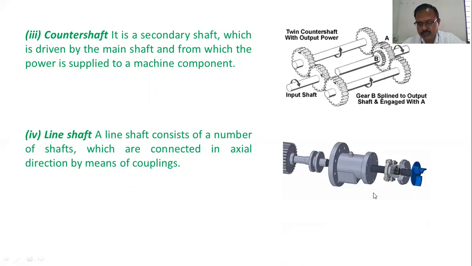There will be an electric motor which will be driving the main shaft, and the other shafts will be in line with the main shaft, connected by means of couplings. So these are called line shafts. So we have seen a shaft can be an axle, it can be a spindle, it can be a counter shaft, or it can be a line shaft.